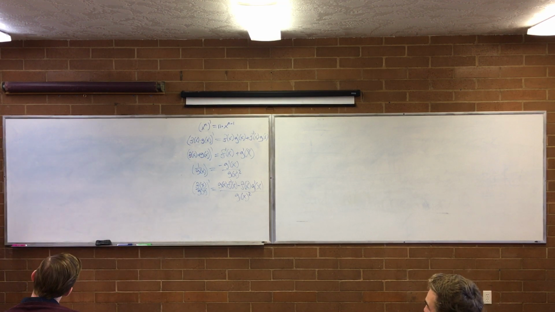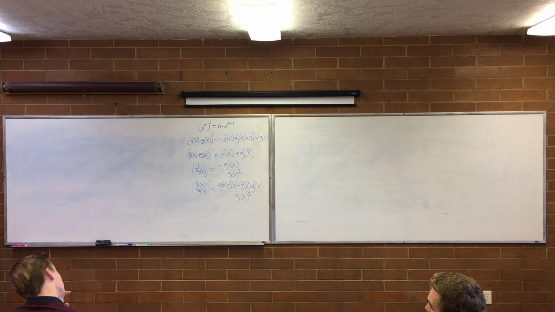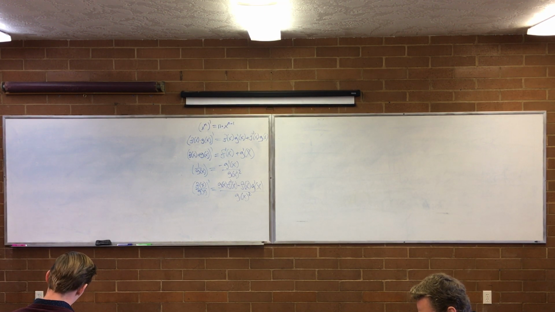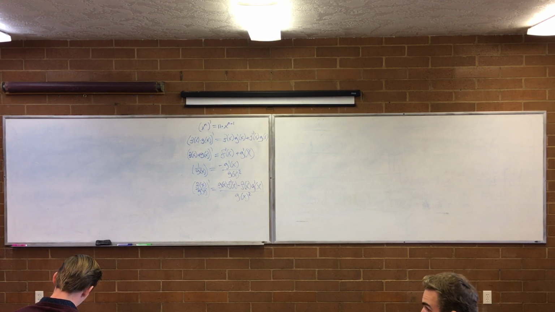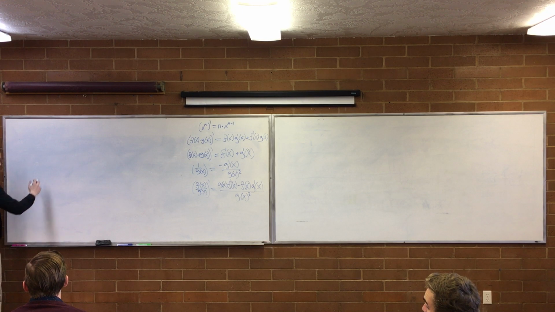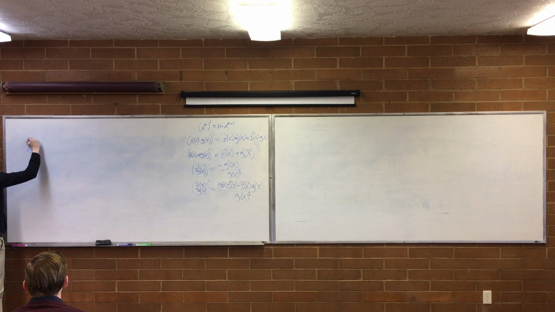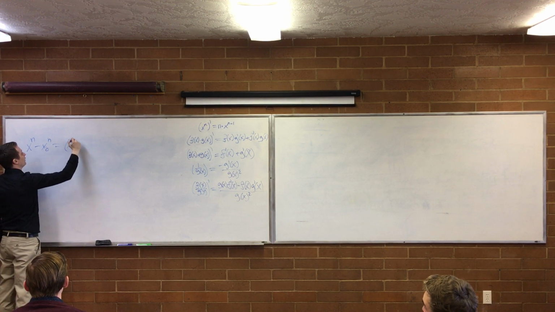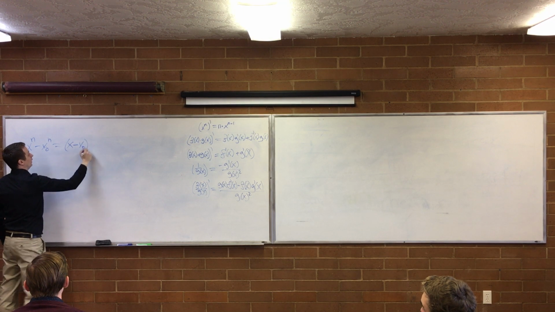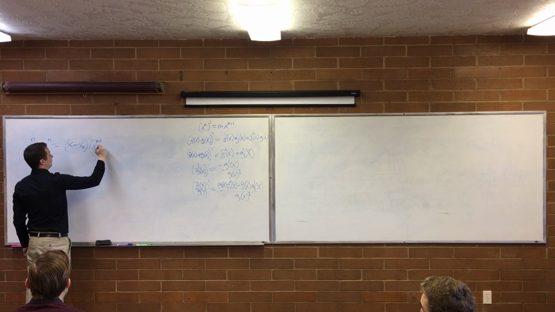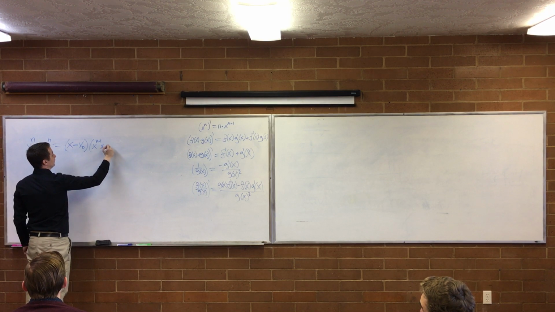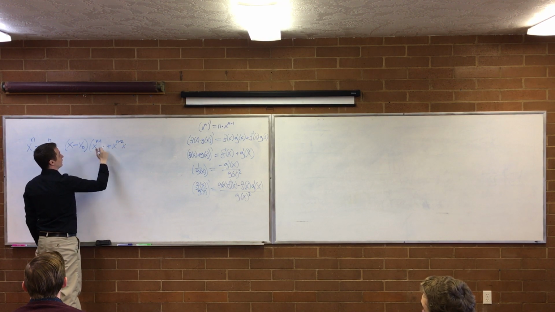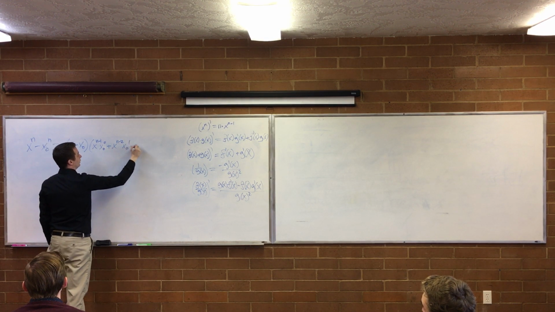Remember the sequences? You're going to have to remember that x to the n minus x naught to the n is equal to x minus x naught times x to the n minus 1 plus x to the n minus 2 times x naught to the 1, plus and so on.